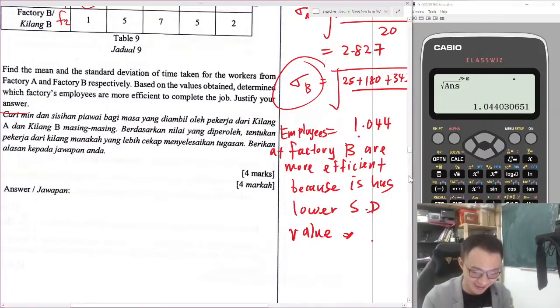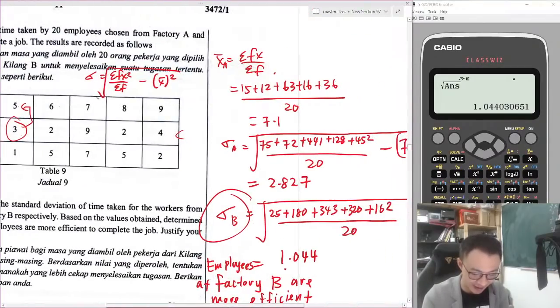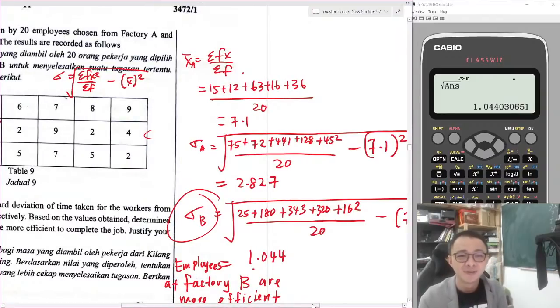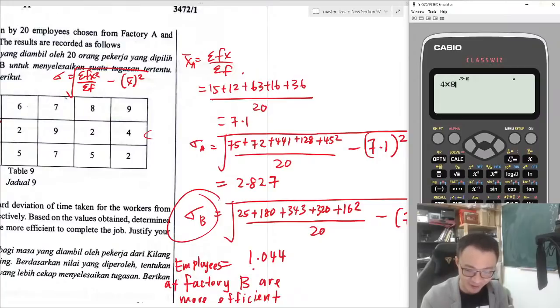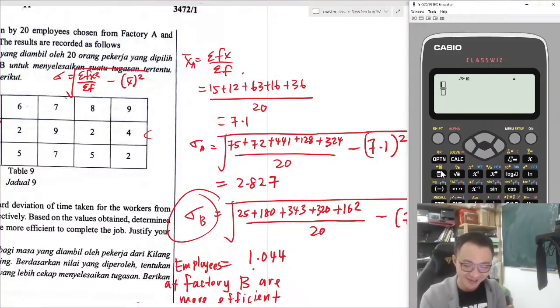Yeah, I think I have some typing error. I mean, not 452, it's 4 times 81. Yeah, this is 324, right? Yep, thanks for that. This one will be 324. Then I can type again. Okay, 75. I'm not sure why I typed wrongly.